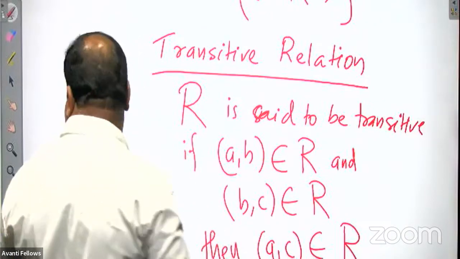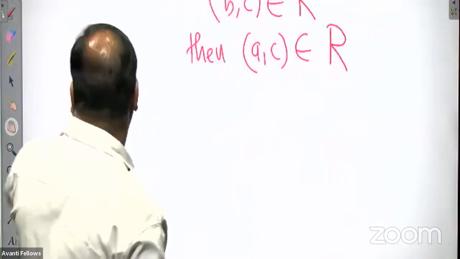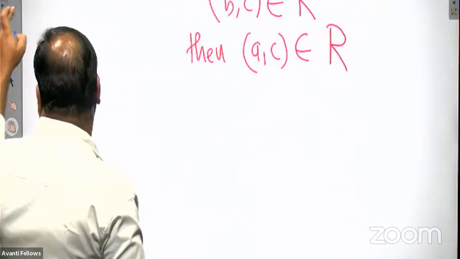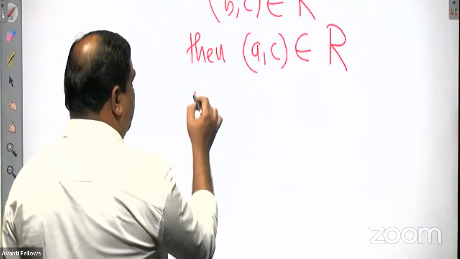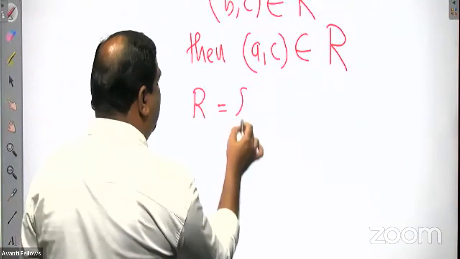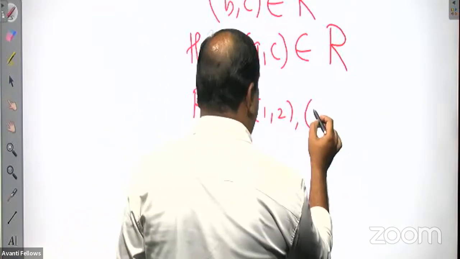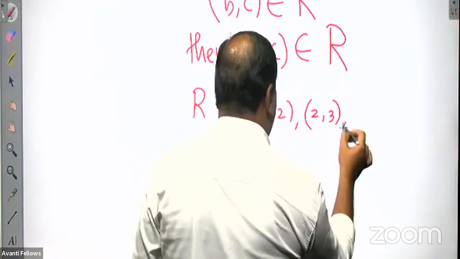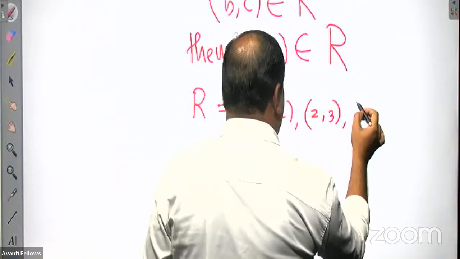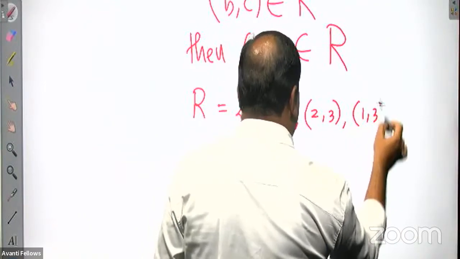So I will take an example. Same set {1, 2, 3}. R is equal to {(1, 2), (2, 3), (1, 3)}.